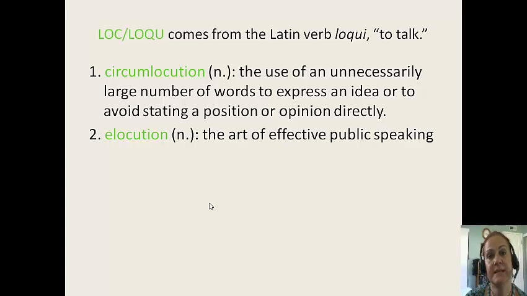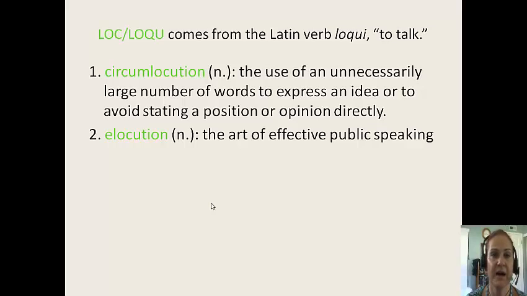The second one is elocution, which is the art of effective public speaking. And that's one of your goals and one of your target standards that you have to do before you get to be a senior, is being effective with your public speaking. And probably when you get into college you'll have to take a public speaking course, because that is something that people are to strive for.